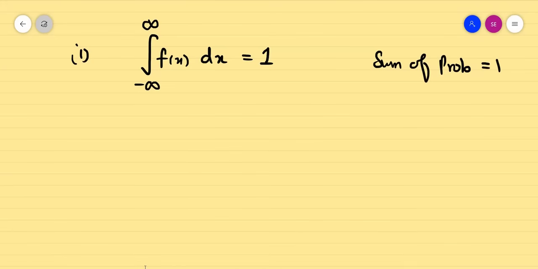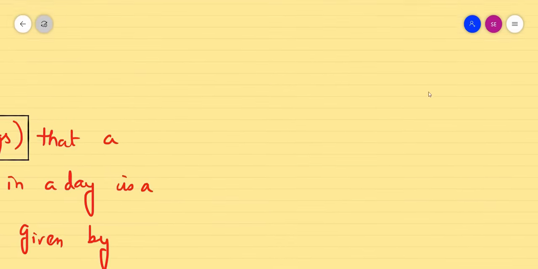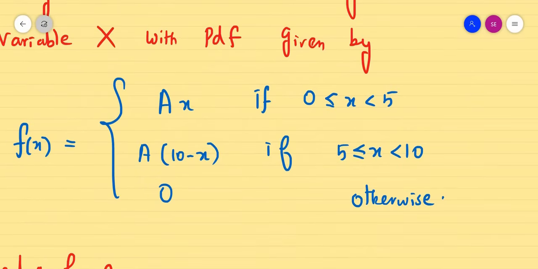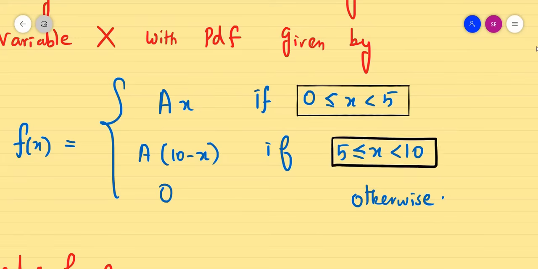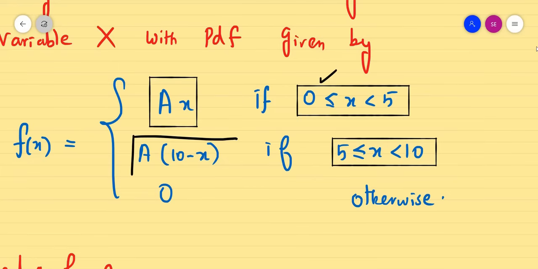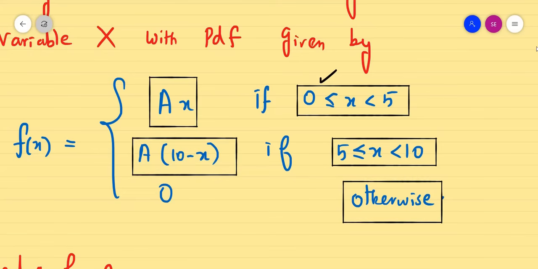Continuous means we are going to integrate. Discrete means we have to sum it up. Now you see the f of x. F of x is split into three types: 0 to 5, 5 to 10. So 0 to 5 means the function is ax. 5 to 10 means the function is a into 10 minus x. Remaining all the interval, the answer is going to be 0.